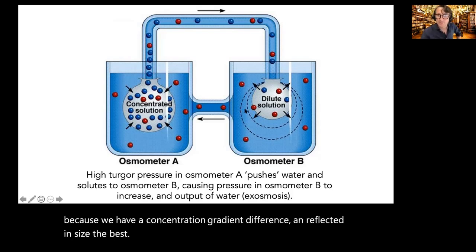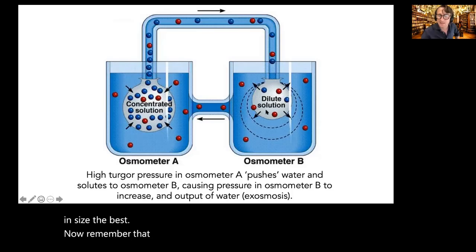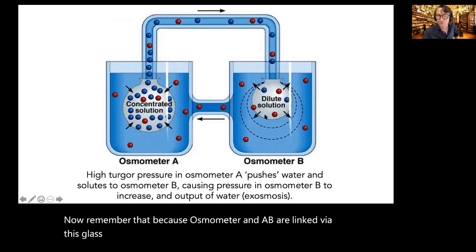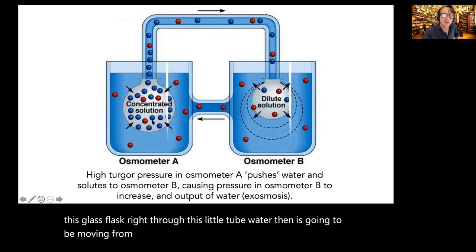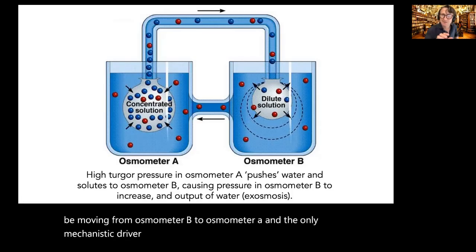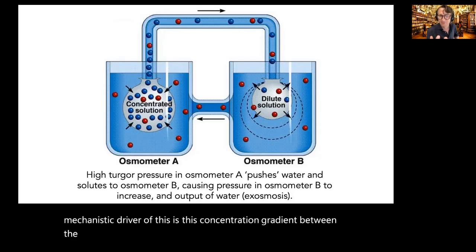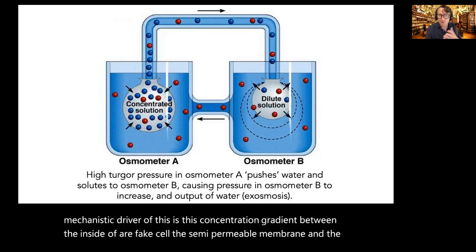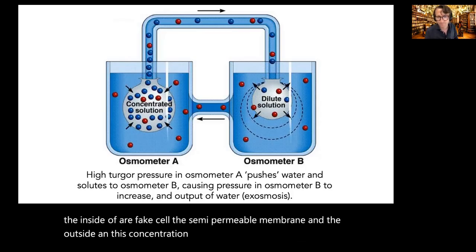Now remember that because osmometer A and B are linked via this glass flask, right, through this little tube, water is going to be moving from osmometer B to osmometer A. And the only mechanistic driver of this is this concentration gradient between the inside of our fake cell, the semi-permeable membrane, and the outside, and this concentration difference in solutes, okay?